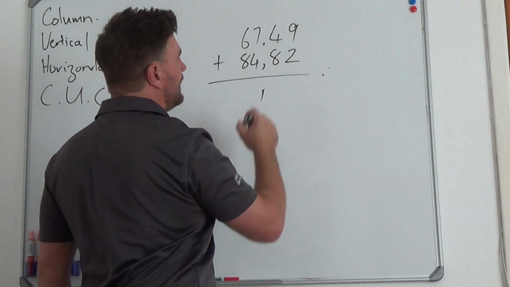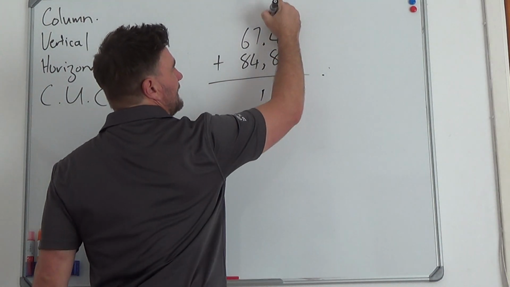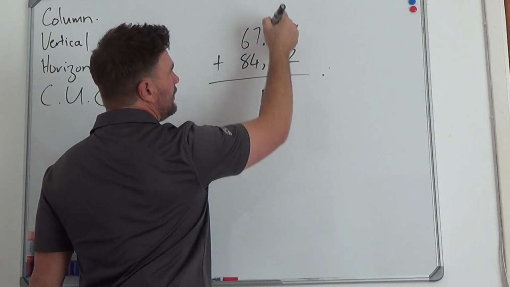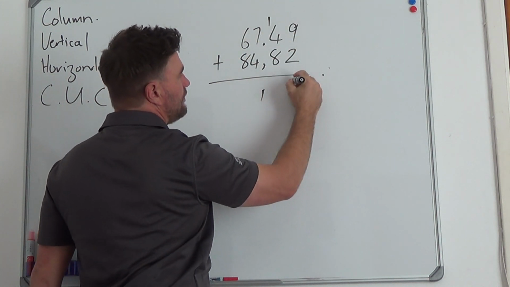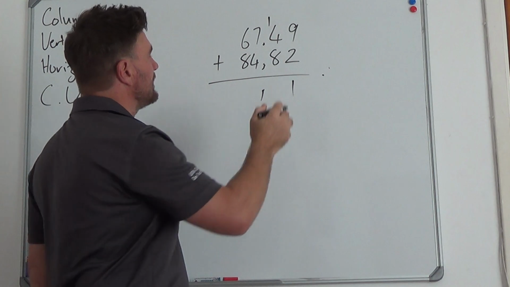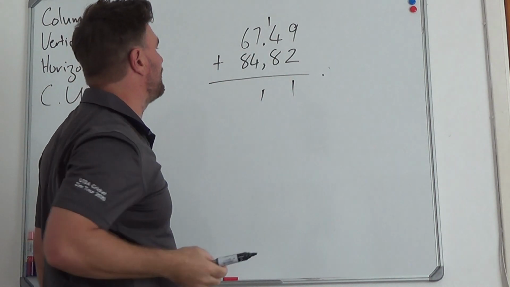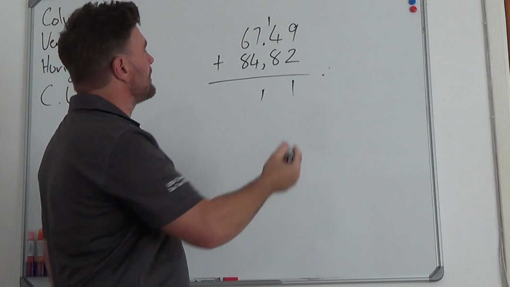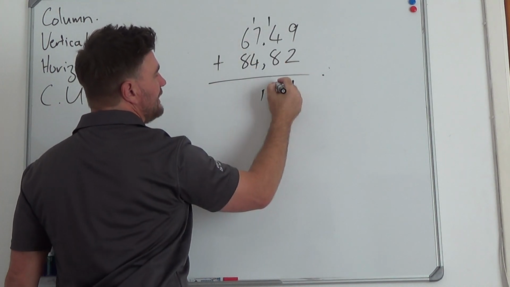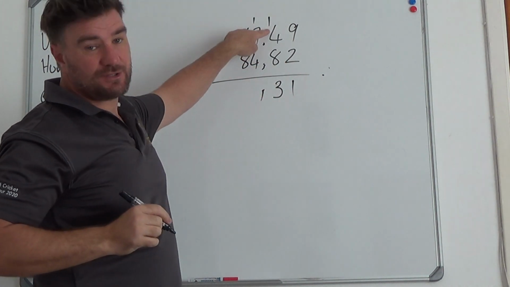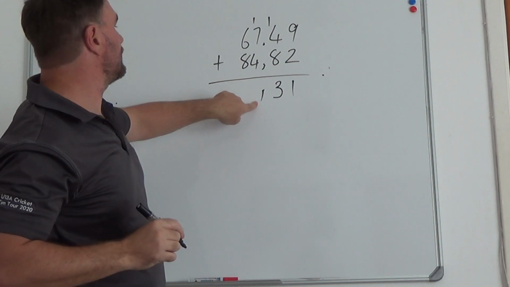So 9 plus 2 is going to be 11. You carry your 1 and put your 1 in there. Then you say 8 plus 4 is 12, plus 1 is 13, because you add the 1 that you carried. Now you've got your decimal point.